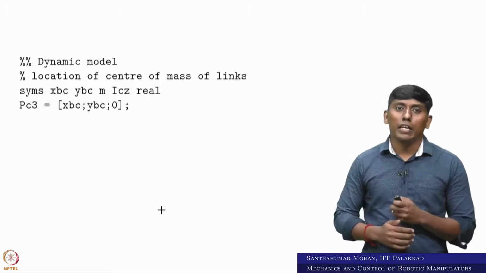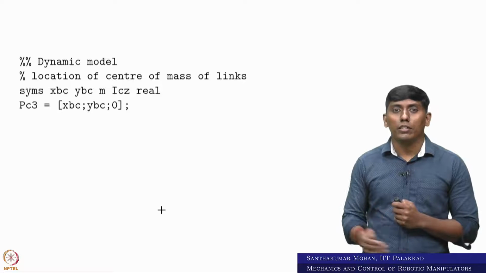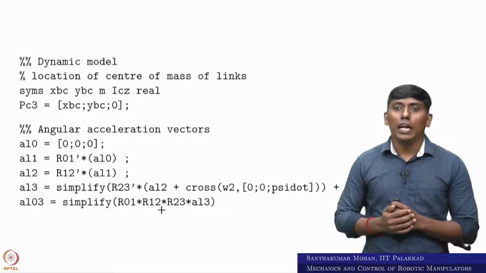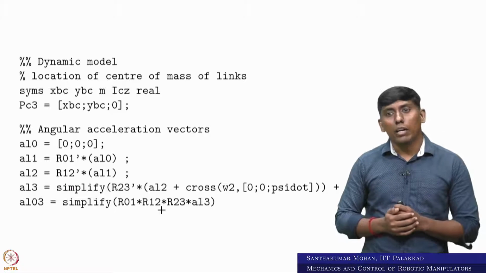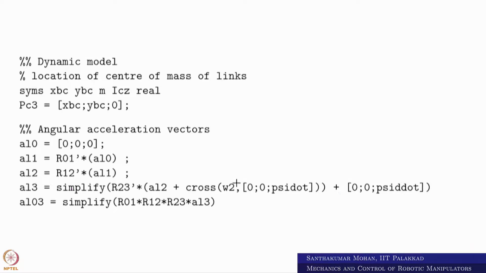Based on that, we can derive the forward propagation. First we calculate the angular velocity. In the angular velocity you can see the cross product, which comes as the simple gyroscopic effect, and then you can see the angular acceleration of that particular joint. Like that you can do it.